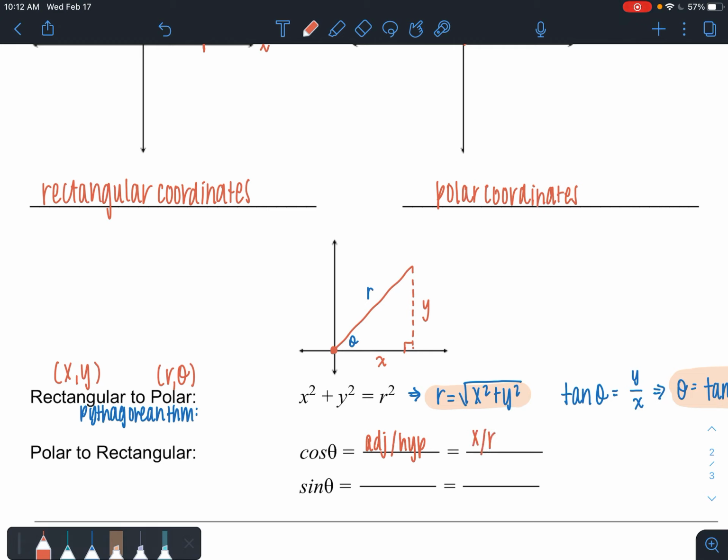So cosine of theta is equal to x over r. If we multiply both sides by r, x is equal to r cosine theta.